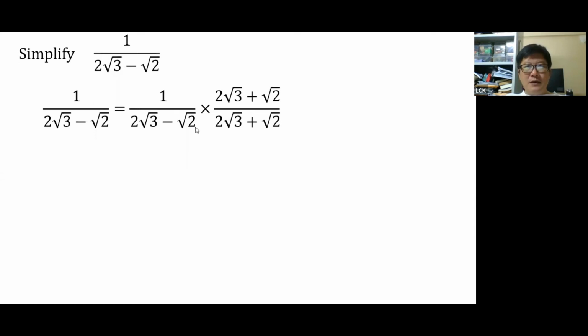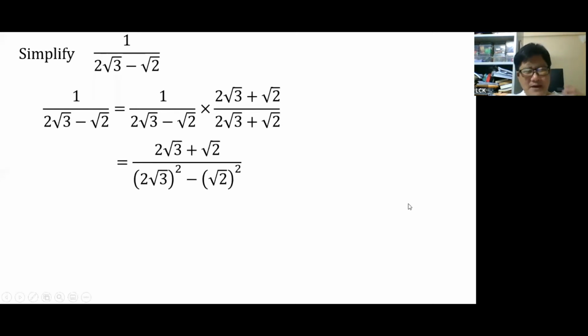So here, remember, 2 square root 3 minus 2, you have to multiply by 2 square root 3 plus 2. The minus, you have to change it to a plus because you have to use the a plus b times a minus b equals a squared minus b squared. That's what you're using. So what do we have when we do this? What we have is this. Amazing.